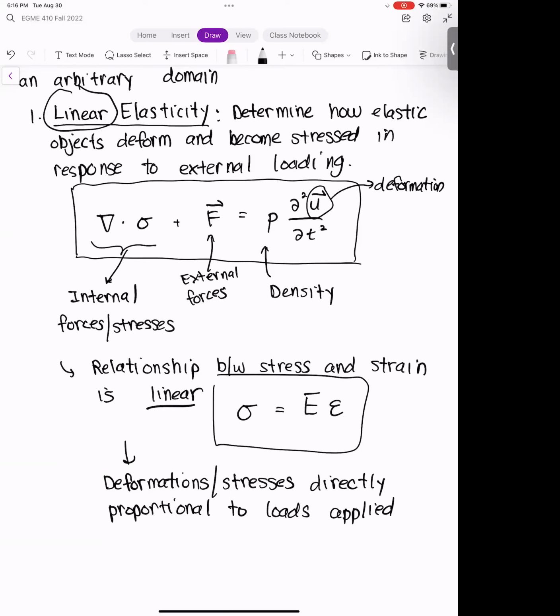That means that if you take your simulation under a certain amount of load, like what we did last Thursday, and then you rerun the simulation but reduce those loads by a factor of 2, then the fact that everything is directly proportional means that the amount of deformation and the amount of stress you see is also going to be cut in half.